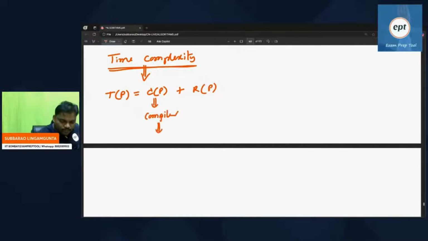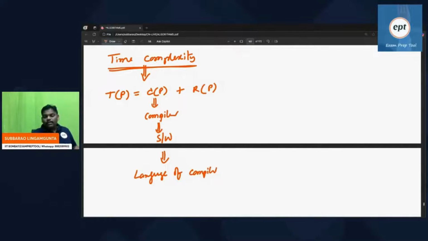Compiler is software. So remember, when you say software, it is a program. So that program is written in which language, that matters. The language used to build that compiler, or the language of the compiler.